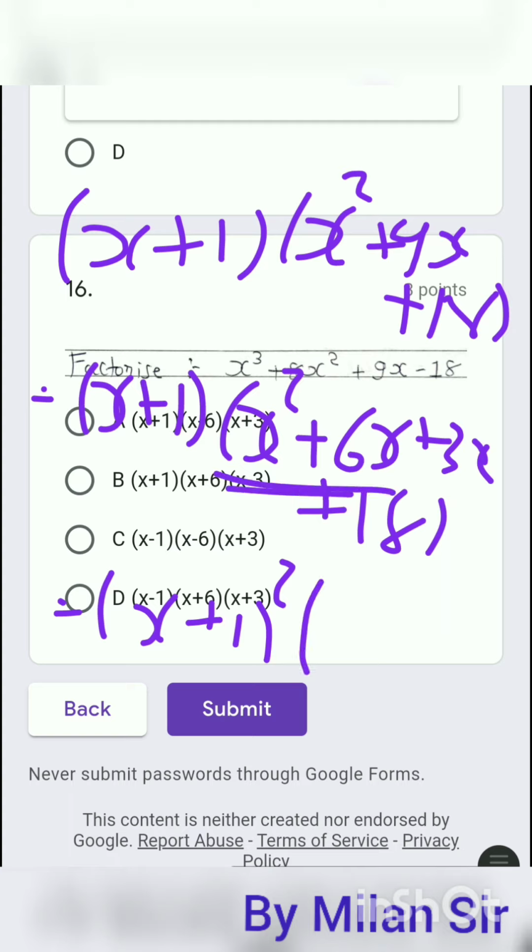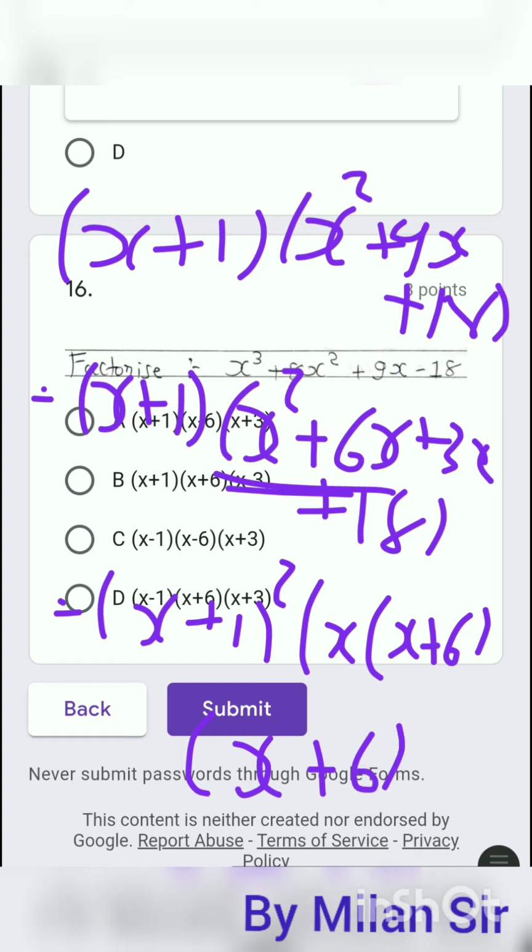From x square and 6x we take x as common, so x plus 6 remains. Then we write the bracket x plus 6 and take the third term plus 3x, so we put plus 3.